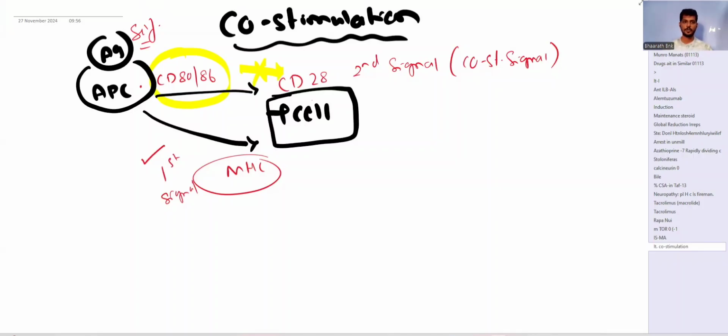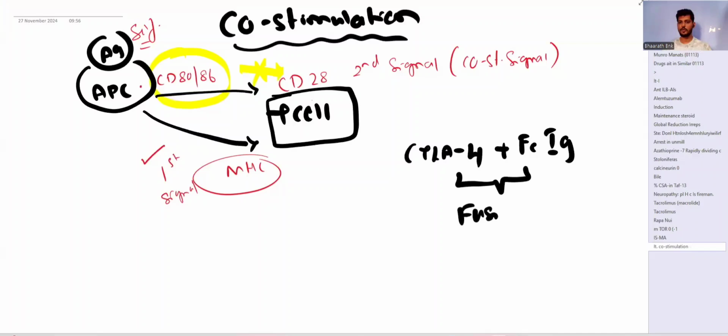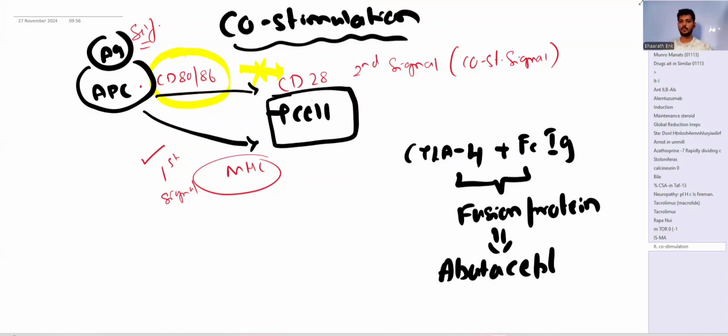So that is why they took a CTLA4 protein and combined it with the Fc fragment of an immunoglobulin and produced a fusion protein, and they named it abatacept. Later, a better molecule was produced, which is called belatacept.